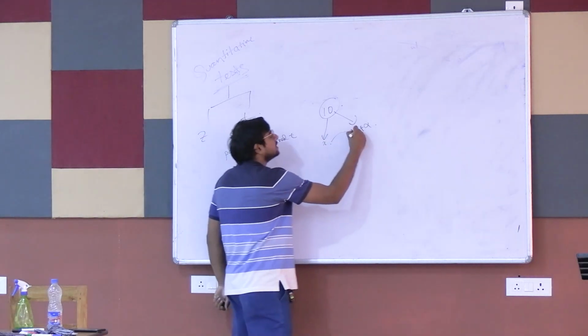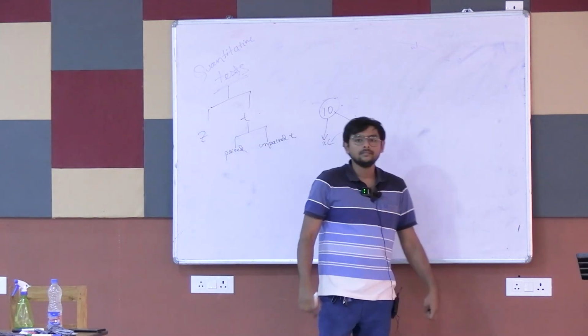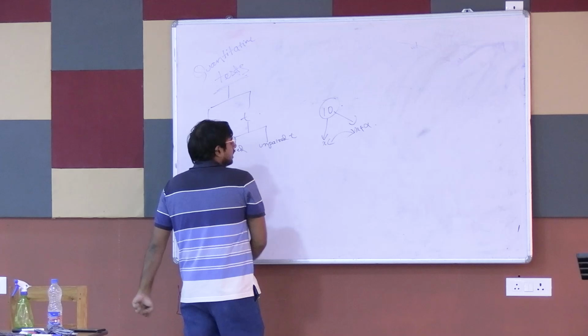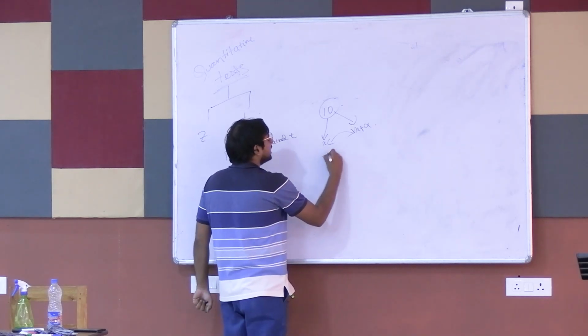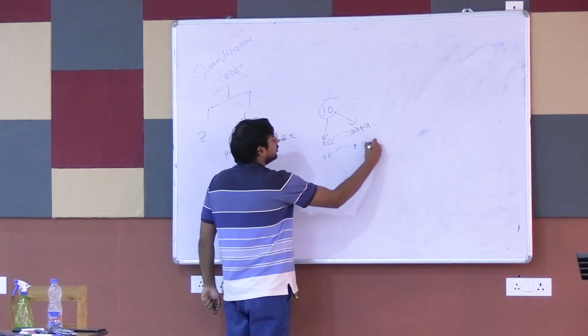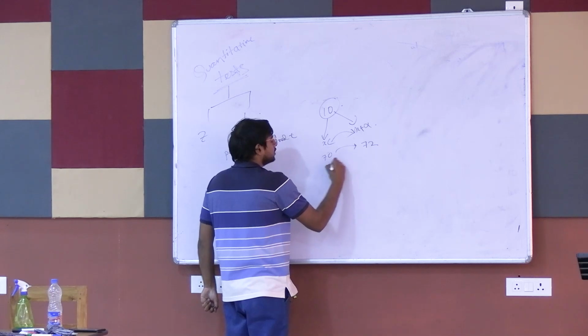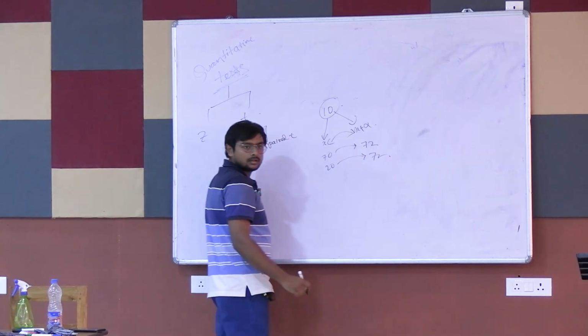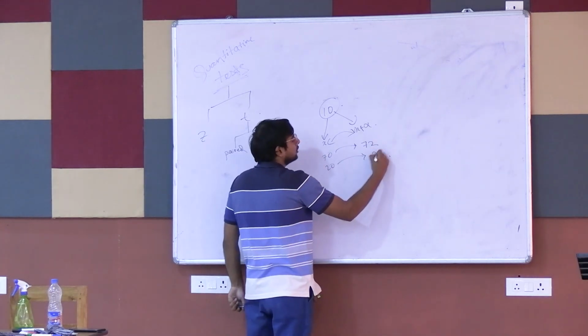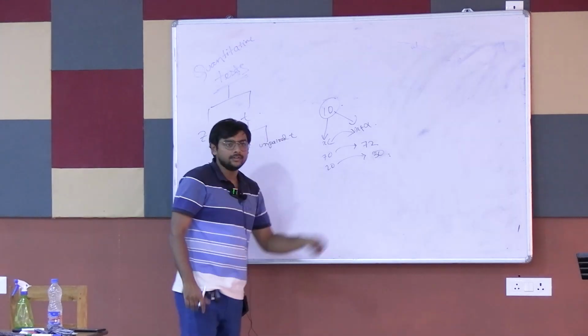These two weights will have some correlation between them, right? Like a person who was say 70 kilos can expect to go to 72 kilos, but the person who was like 20 kilos won't expect to get 72 kilos, right? We can expect that guy to go to 30 kilos. So there is a correlation between these two.